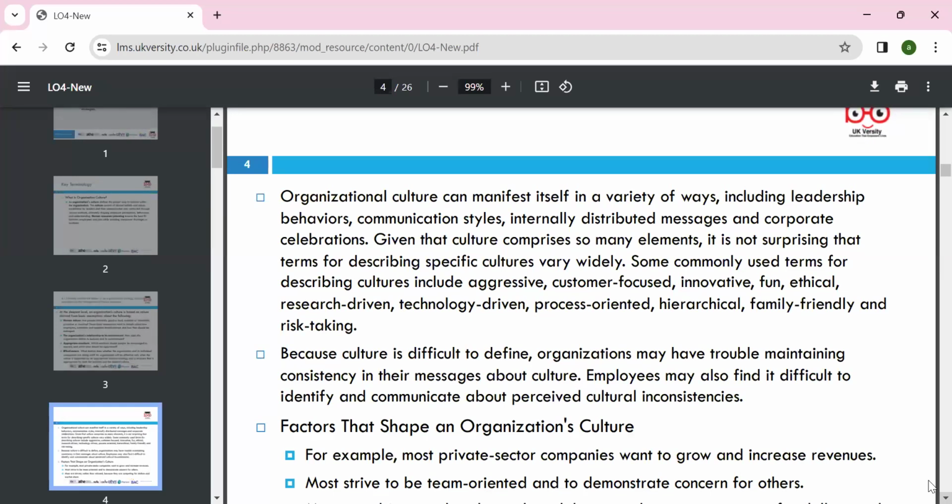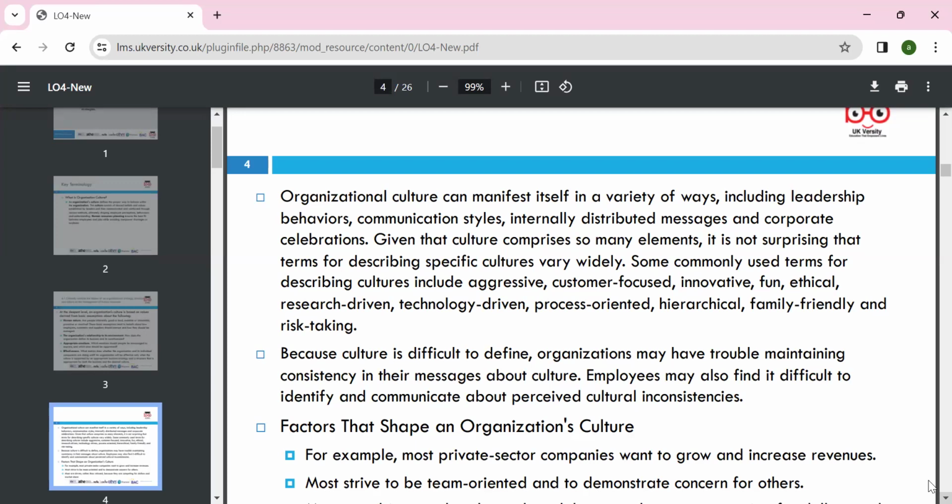Culture means norms and values. That's why we use the term think globally, act locally. Commonly used terms describing culture include aggressive, customer focused, innovative, fun, ethical, research driven, technology driven, family friendly, and risk taking.